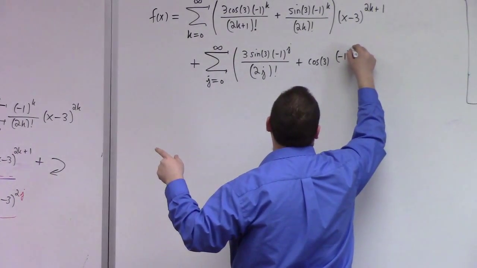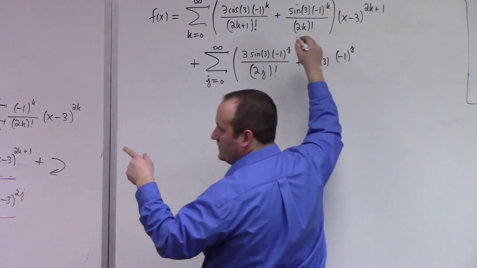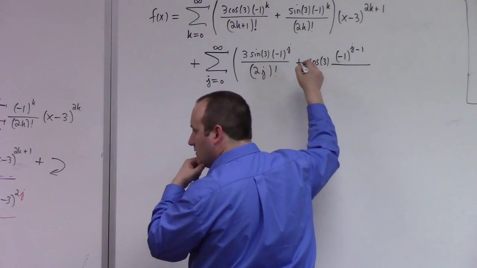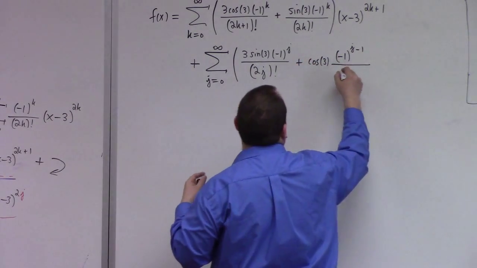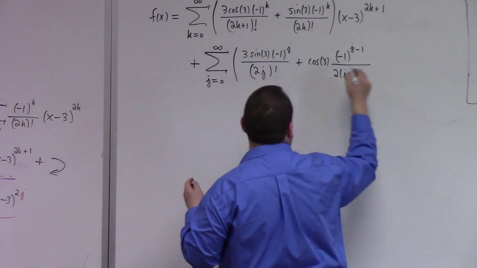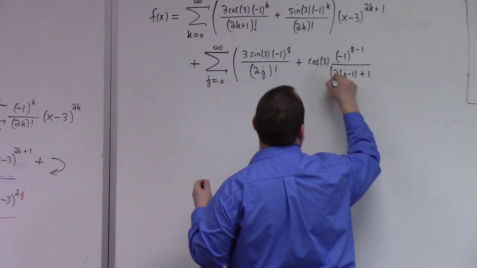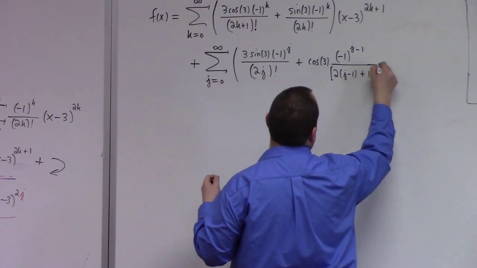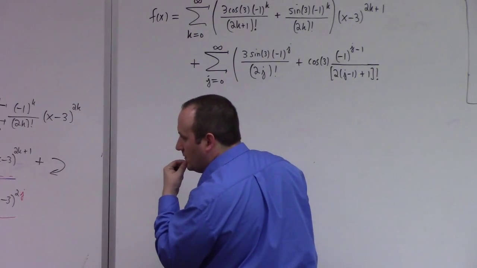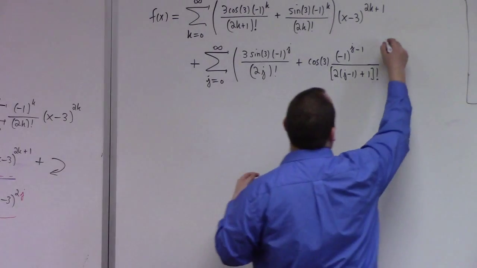What did I just say? j minus 1, divided by what? 2 times j minus 1 plus 1, right? Factorial. I'm not trying to clean it up or anything. I'm just writing it, you know? And that's it.